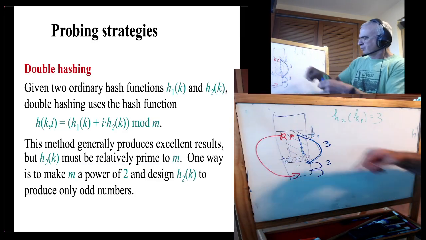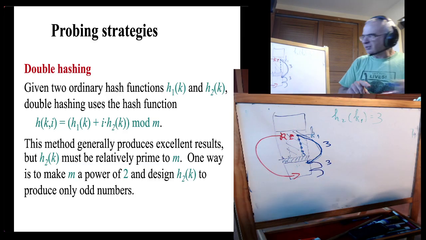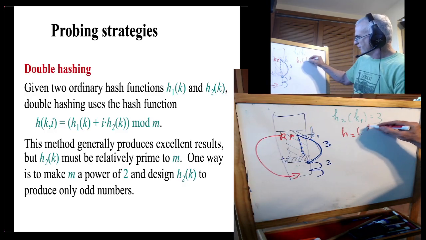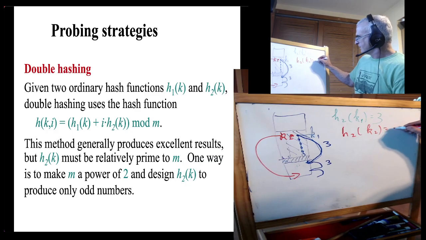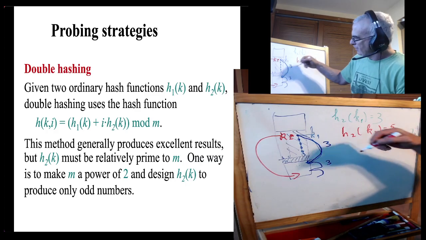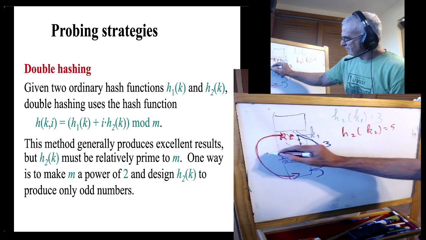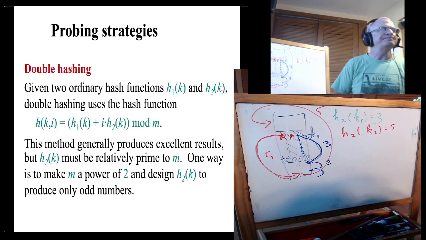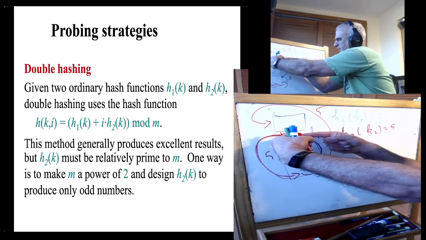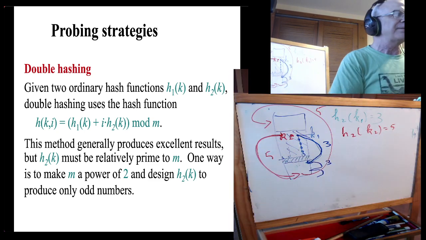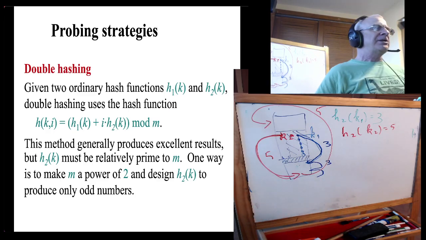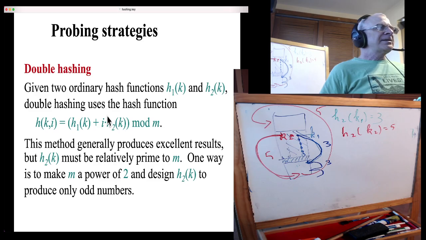While for K2, if I'm lucky enough so that h2 of K2 is only 5, then I'm jumping by 5 elements, and so on. So even if they meet once, in the future attempts they will be sprinkled in different locations in the hash table. This is a great method, but you need to be careful.